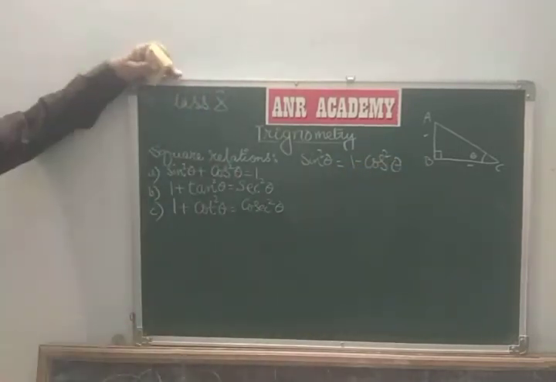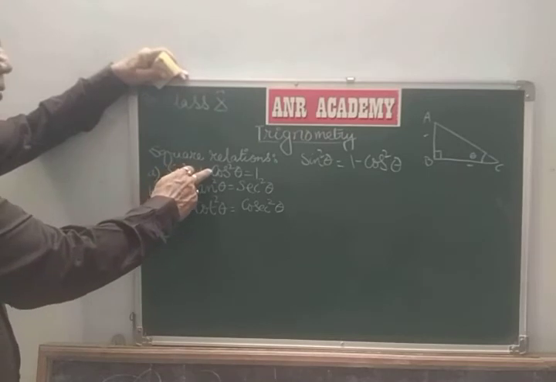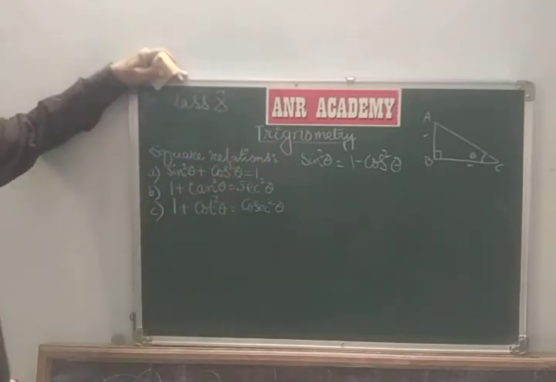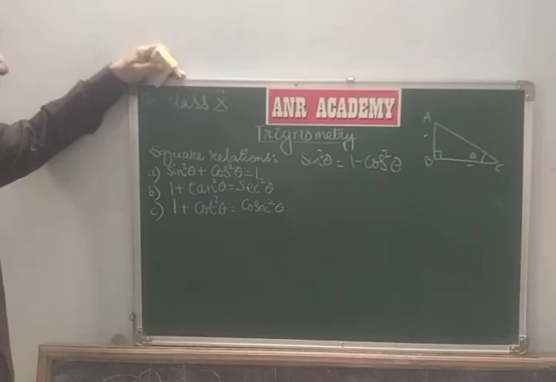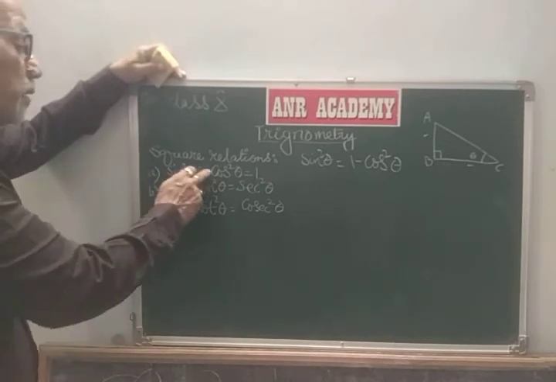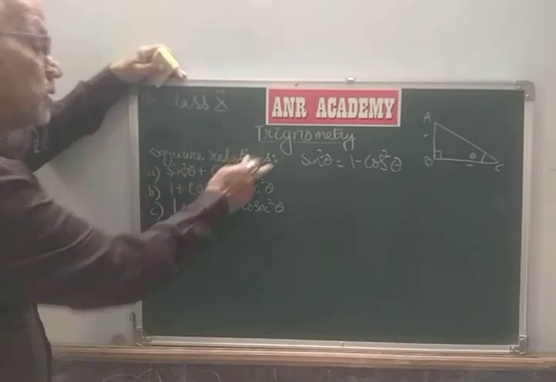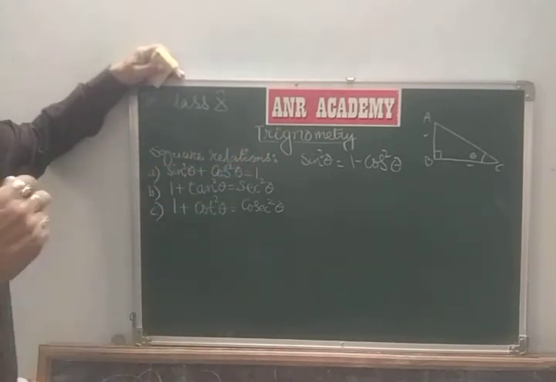We took this cos square theta to the other side of the equality, and when you change sides, it becomes minus.